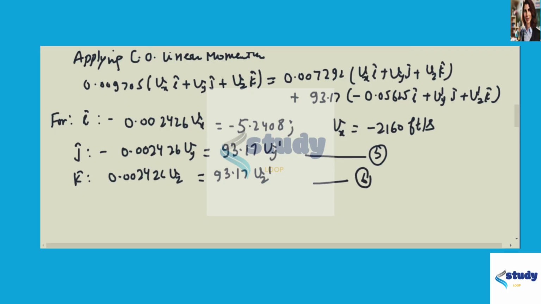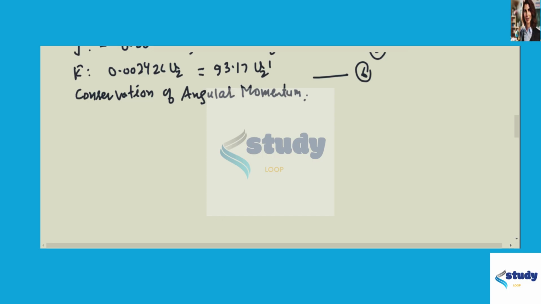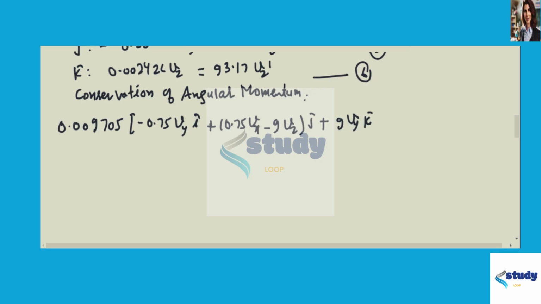Now conservation of angular momentum. Initial angular momentum of the meteorite, 0.009705 into minus 0.75 Vy i cap plus 0.75 Vx minus 9 Vz j cap plus 9 Vy k cap, must be equal to the final angular momentum of the meteorite plus space probe.